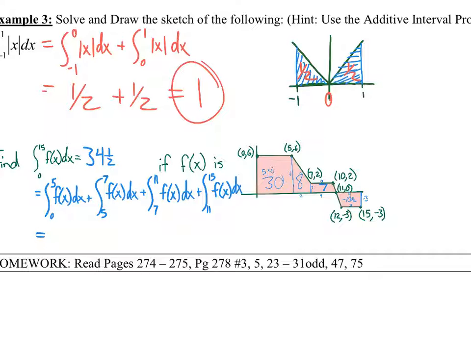And that's what we were doing when we did the 30 plus the 8 plus the 7 minus the 10.5.